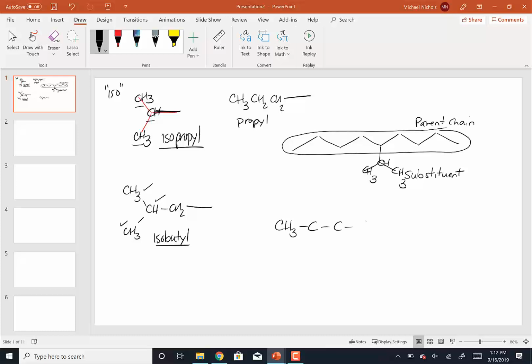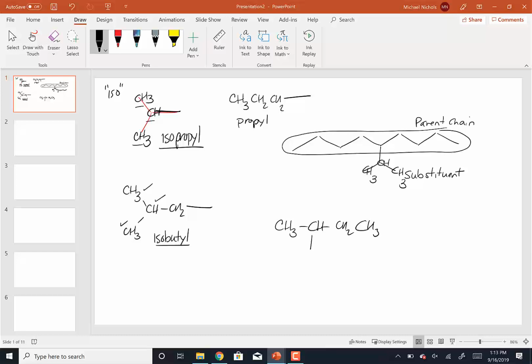Let's say I just take my 4 carbons here. If I make the attachment point at the end, it's N-butyl. If I make my attachment point in the middle, so that it looks like this, that is going to be sec-butyl.